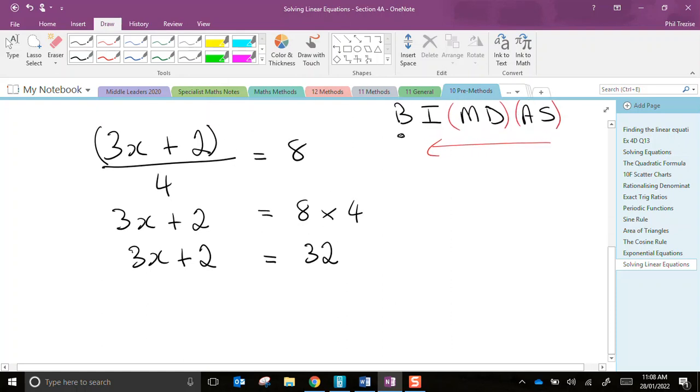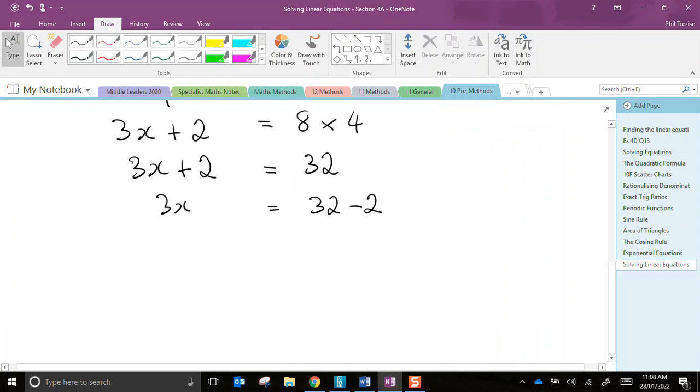Looking at the left-hand side, I have a multiply by 3 and a +2. The addition is the lowest priority out of those. So 3x = 32 - 2. 3x = 30. By this stage, it's only to multiply by 3, so we divide by 3, and x = 10.